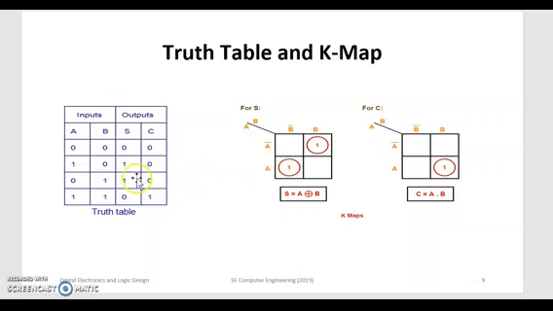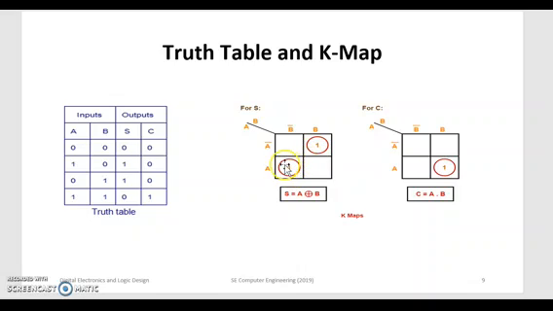Then the other one is when A is 0 and B is 1. To form grouping, we cannot form a diagonal group. We can form either a horizontal group or a vertical group. So we have to group each single one separately, so we will have two groups.